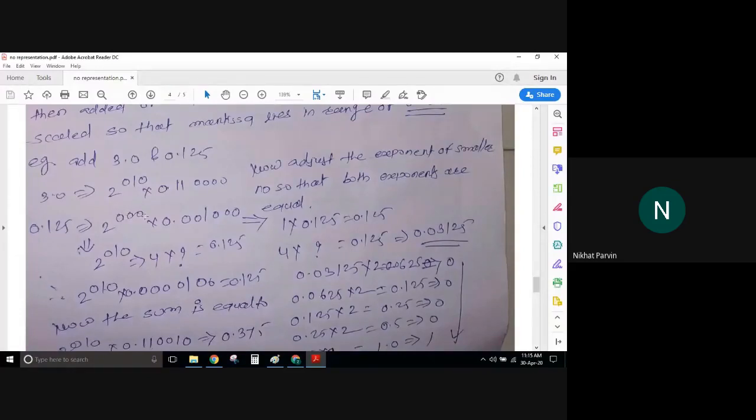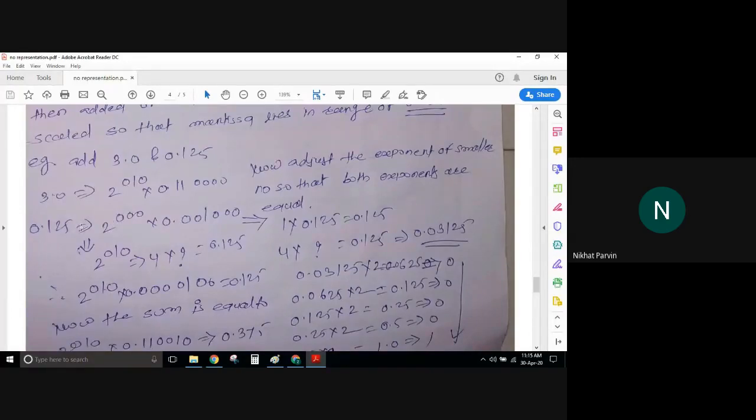Means this 2 power 0 should get replaced by 2 power 010, meaning 2 power 2, which is 4, right? So when I make this 4, if I simply write 2 power 2, 4, and multiply 4 into this, I will not get 0.125, right?